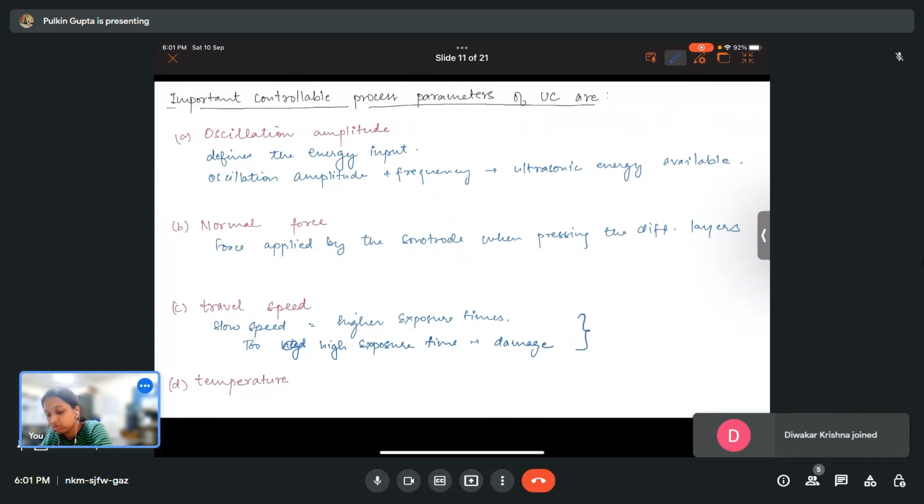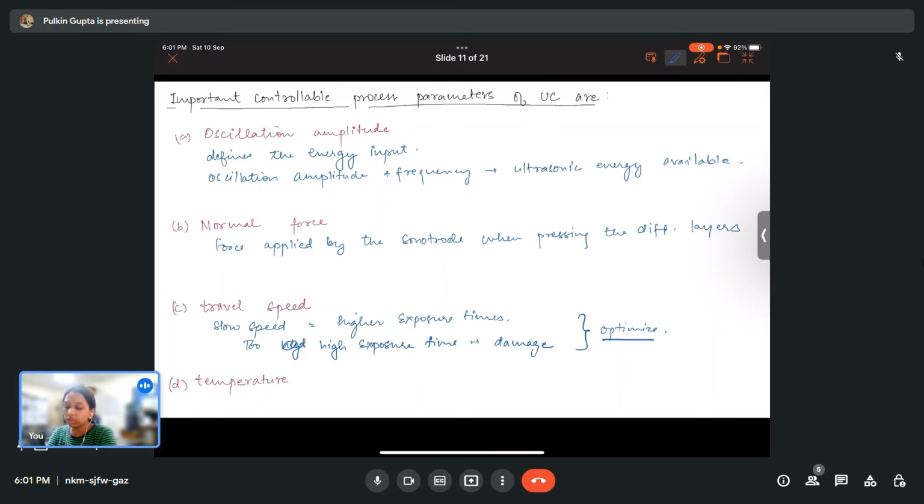So you need to optimize. It should not be too slow so as to damage the part, and it should not be too fast so as not to join the layers effectively.